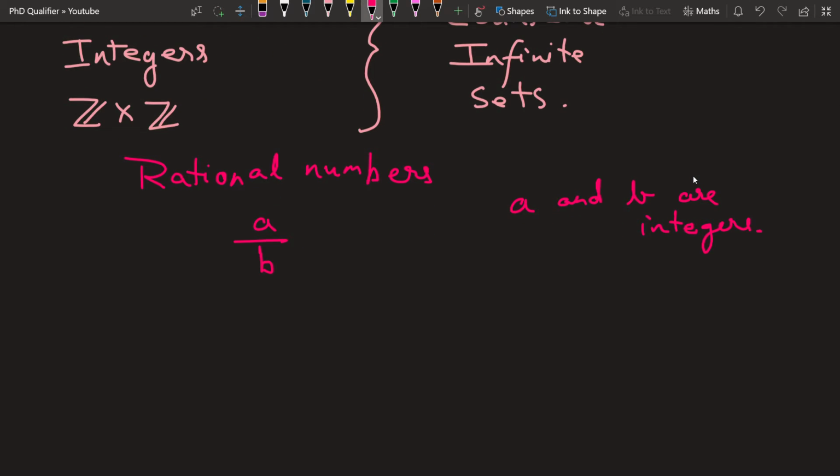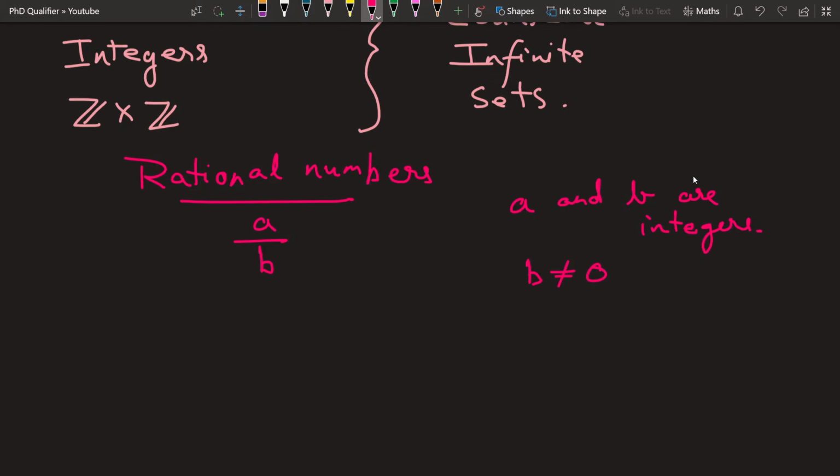So any number that can be written in this form is a rational number. That is, whatever number you can get by dividing two integers. You pick two integers at random and divide them, and the numbers you get are rational numbers. Now, there are obviously a few rules, one of which is b cannot be equal to 0.